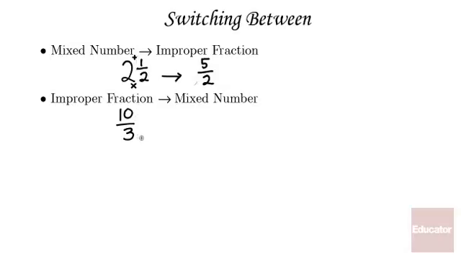How many times can the bottom number go into the top number? Well, I know 3 times 3 is 9, right? That means the 3 fits into 10 3 times because 10 is bigger than 9. So I'm going to write that number as my whole number, because a mixed number again has a whole number.